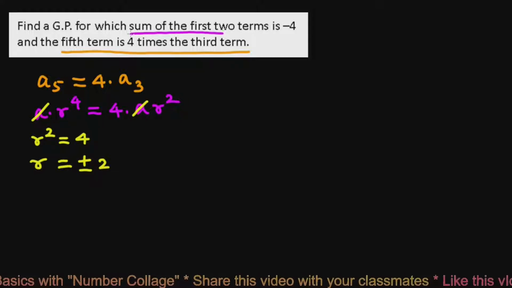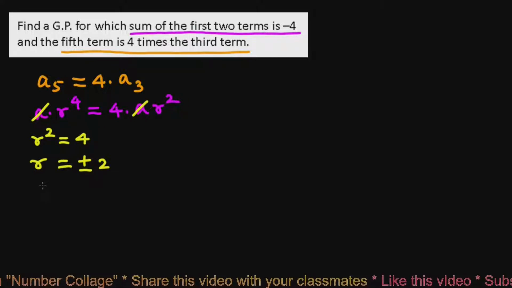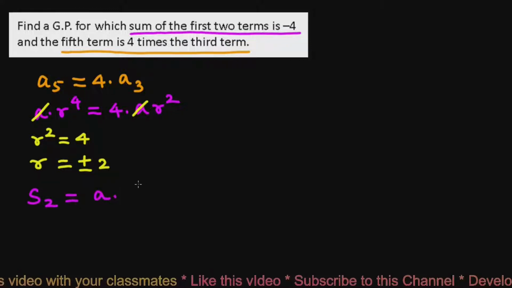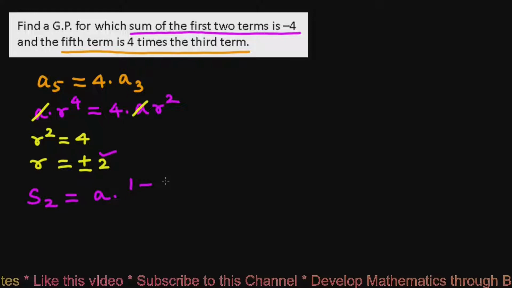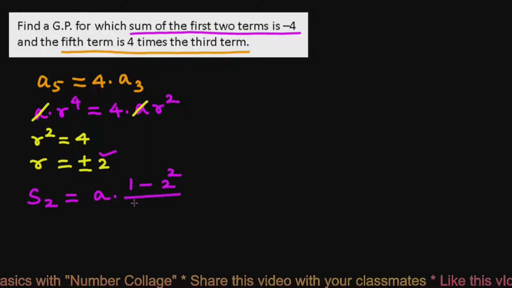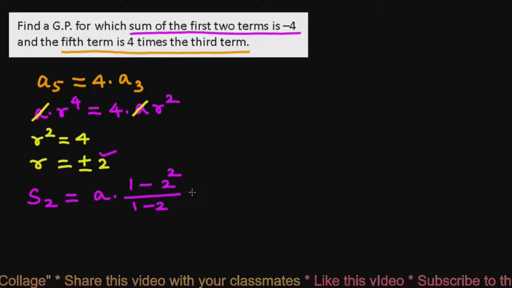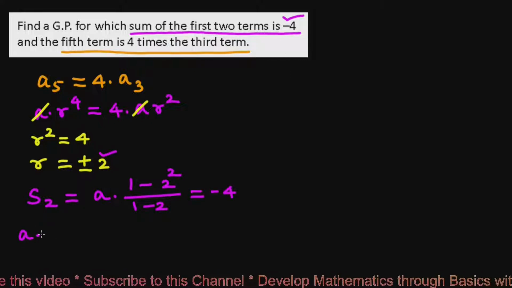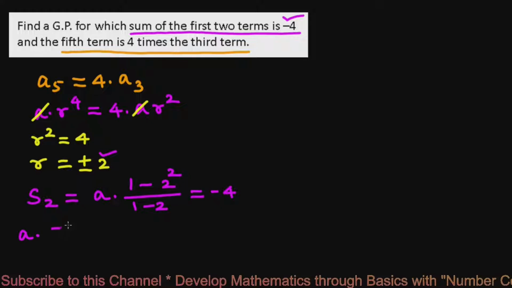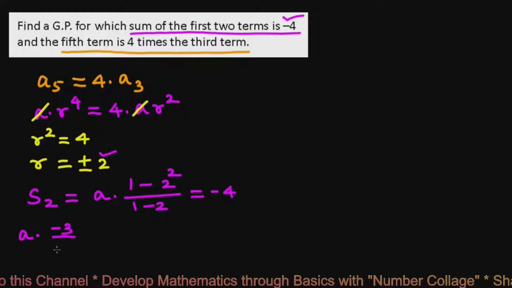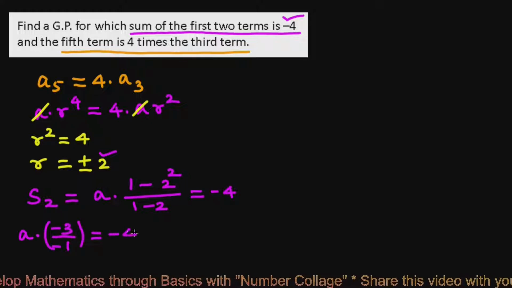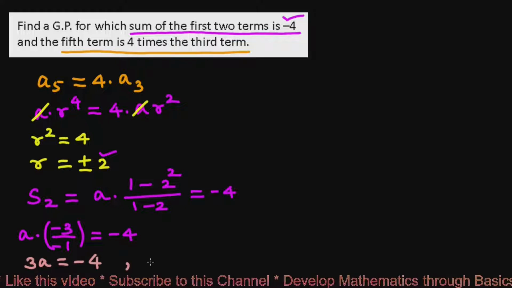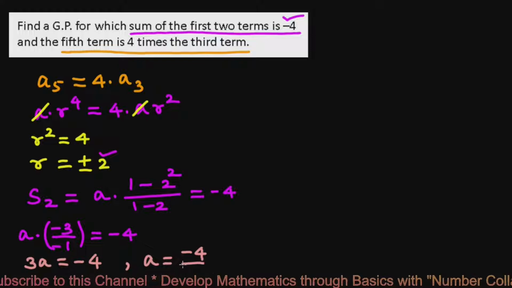Now the sum of first two terms is minus 4. This we write as S2 equals a into 1 minus r power 2 upon 1 minus r, which is 1 minus 2 power 2 upon 1 minus 2. Now this S2 is given to be minus 4. Now this will be a multiplied by 1 minus 4, minus 3, upon 1 minus 2, minus 1, that is minus 4, and this is 3a equals minus 4 and a equals minus 4 by 3.